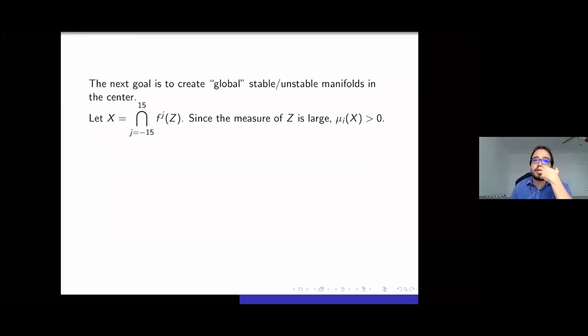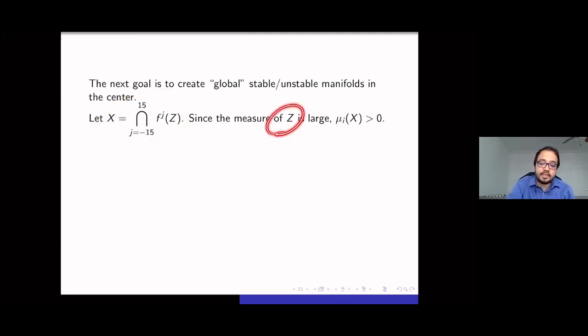And you want to say that many points will spend enough time in the good hyperbolic region such that these small curves would grow into something global of large size. The way to capture this is to look at the points that stay for at least from -15 to 15 iterates in the good region. So this is captured by this set X here.